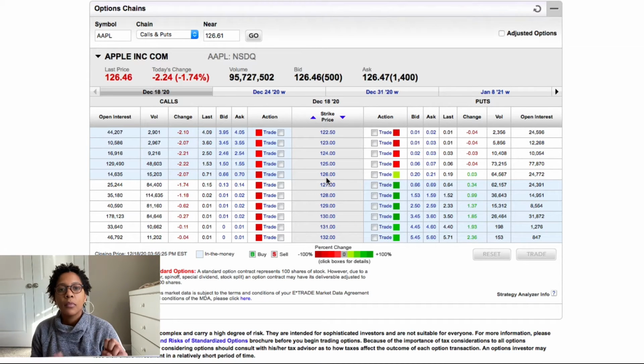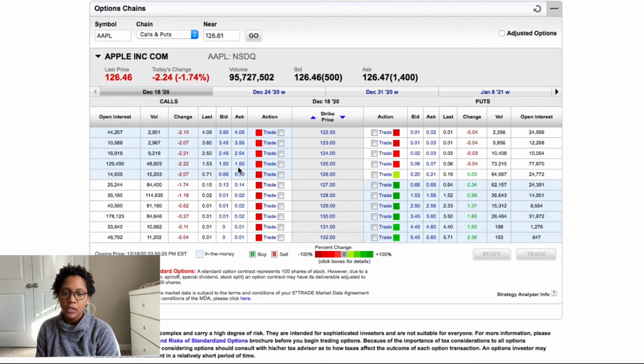Now, options contracts control 100 shares of stock. So you're not going to pay 70 cents. You're going to pay 70 cents times 100 shares, which is actually $70. So anytime you see these numbers, multiply them by 100, or really just move the decimal place over, and that would be $70 that you're going to pay. So this one, if you wanted the right to be able to buy shares at $125, would cost you $155.